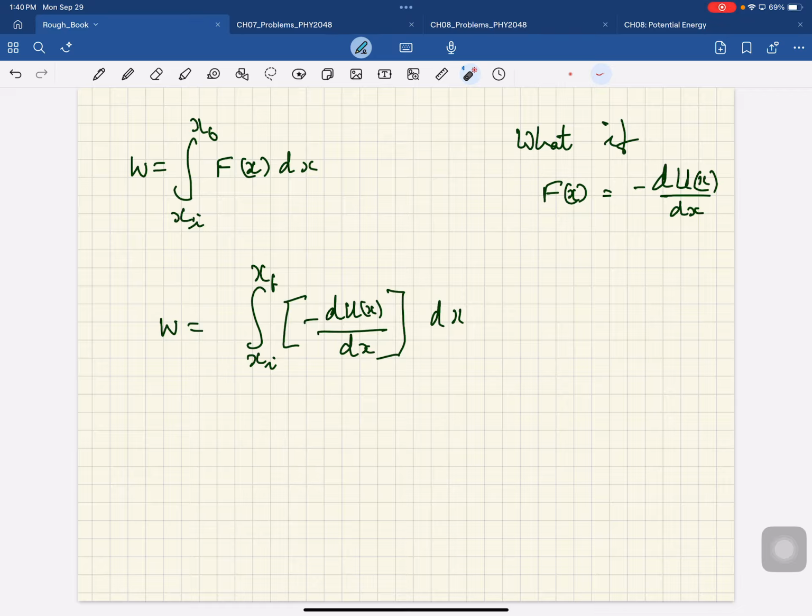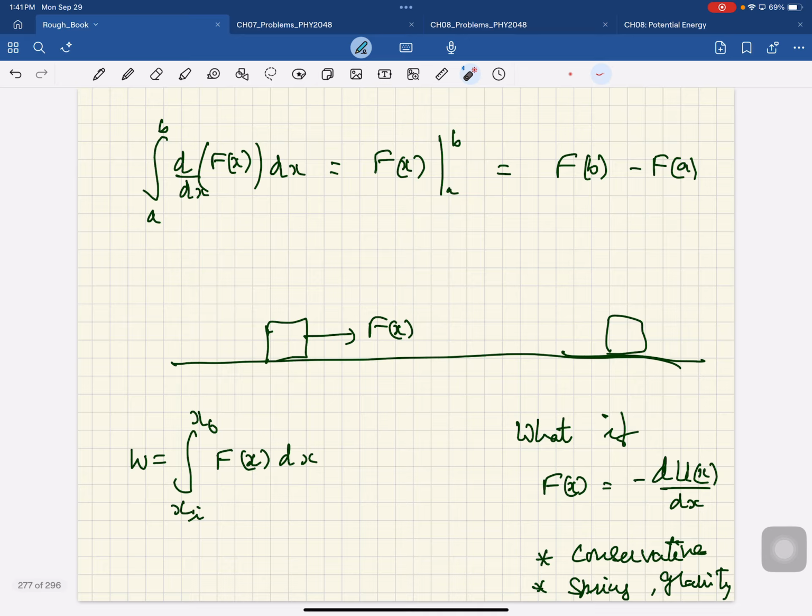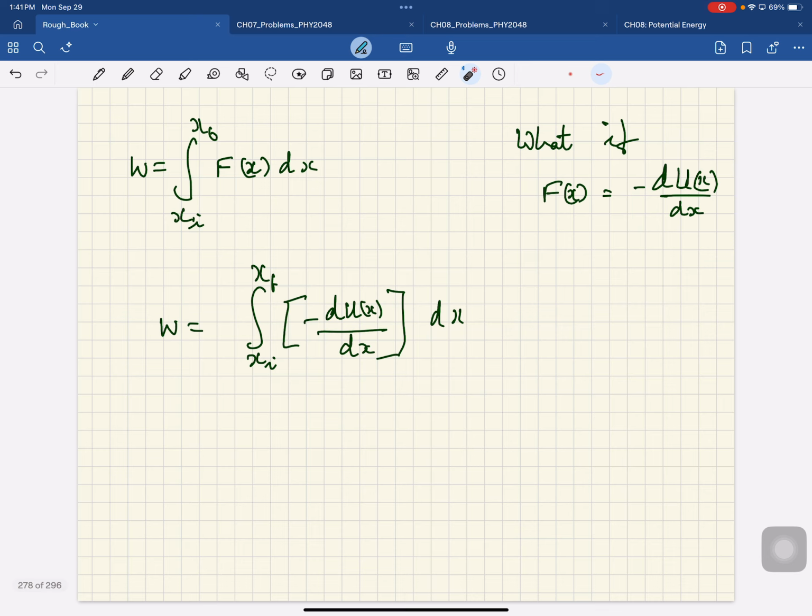Because the friction force depends on the weight of the object, it depends on the surfaces that are in contact. Drag forces depend on the speed, velocity of the object, and all that. So, in fact, among the forces that you see, only spring force and gravity can be written like that. There are very few forces that can be written like that. But they're special enough that we devote an entire chapter to that.